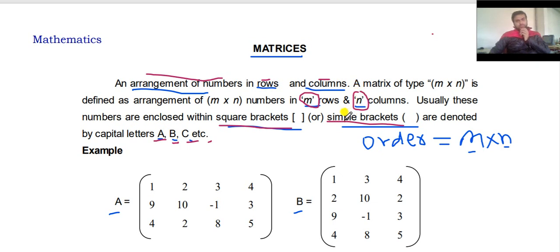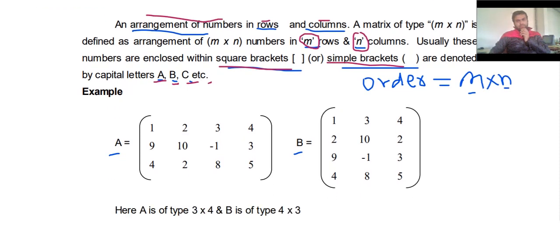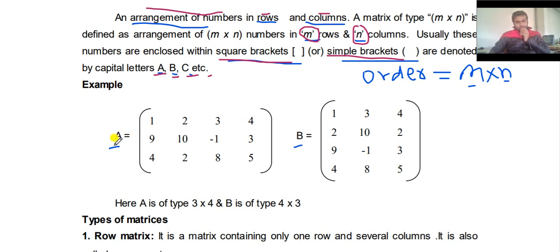Okay, so here there are two examples given. This is matrix A and this is matrix B. So how do we calculate the number of rows and number of columns in a matrix? I will show you the process of counting the number of rows and number of columns in a matrix.